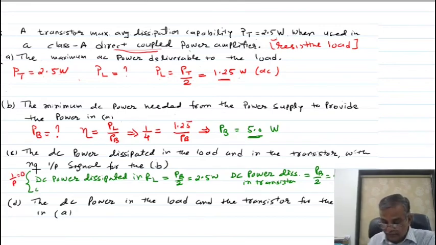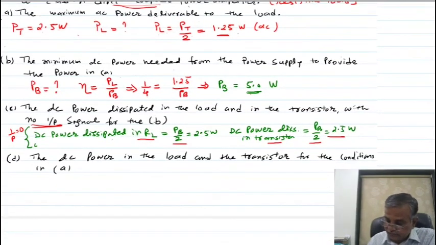When no input is applied, half of the power will be dissipated in the load and half of the power will be dissipated in the transistor. So I think you get your answer. PB is 5, so half of this means 2.5 watt dissipated in RL, 2.5 dissipated in the transistor. This is all DC.